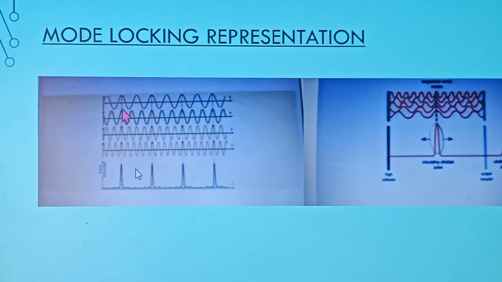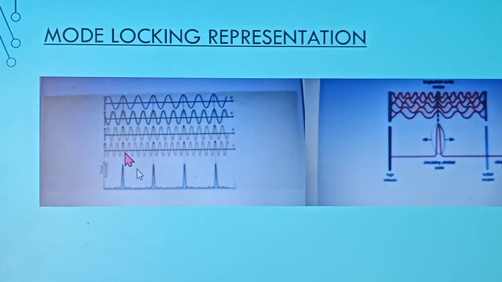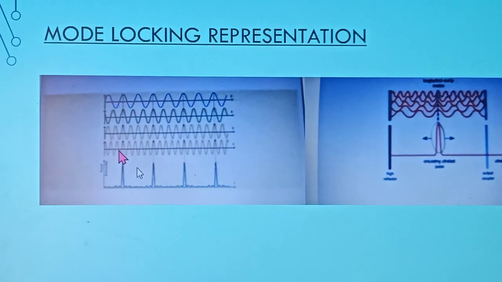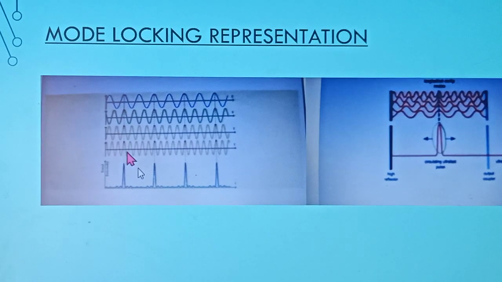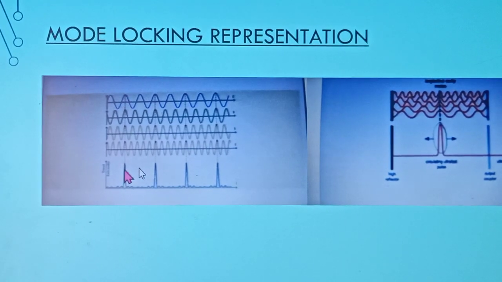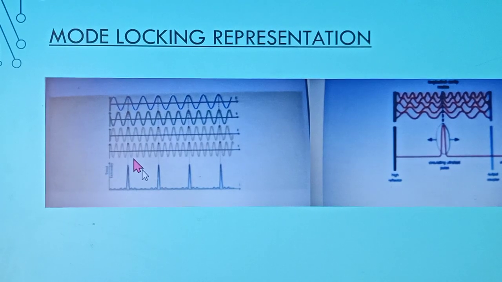If we can relate the phases of all the four and see that a constant phase relationship is maintained, then we are successful in locking the modes of all these waves.